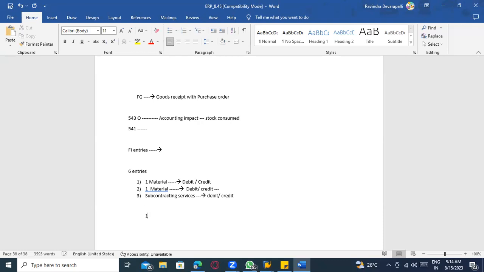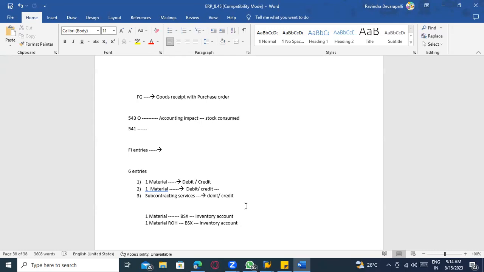Now understand this. I am getting the stock, so my inventory account is updated, which is the BSX account. At the same time, the raw material component is reduced from my inventory because it is consumed completely and gone from my store.